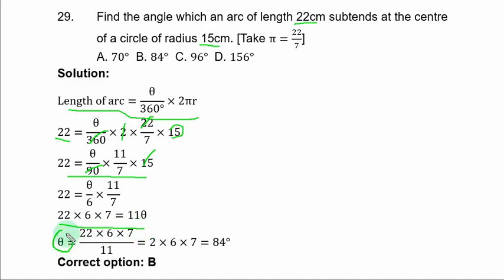If you do that, theta is equal to 22 times 6 times 7 divided by 11. You reduce 22 and 11 by 11, you have 2 times 6 times 7, and that is 84 degrees. B is the correct option.